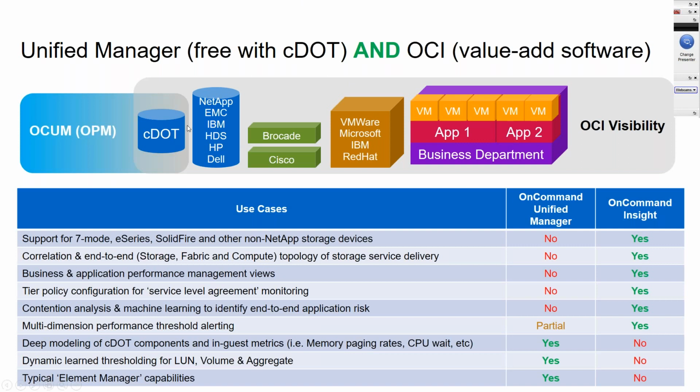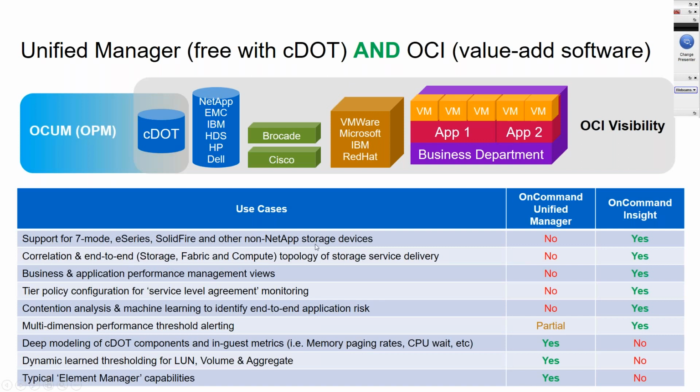So it includes CDOT and includes the heterogeneous storage stack along with the other NetApp devices that are supported, Brocade and Cisco, the hypervisor or the hosting layer, and then we can start getting into mapping business context information in there. The table down below depicts the differences between these solutions really quickly.